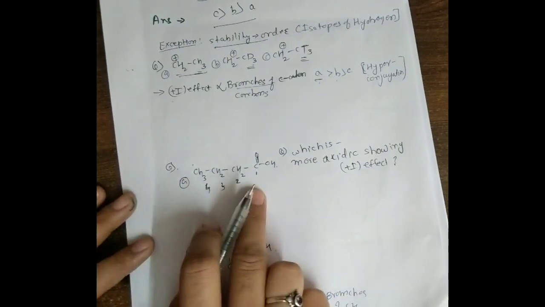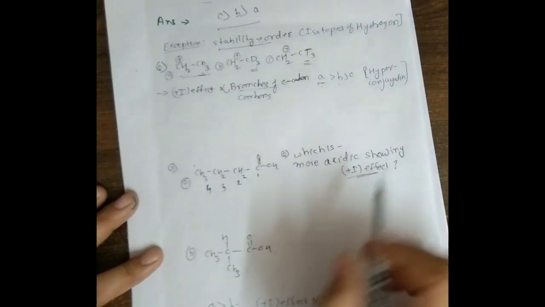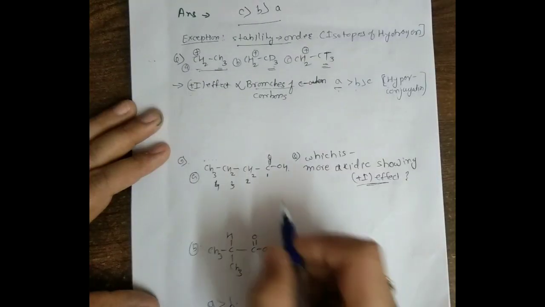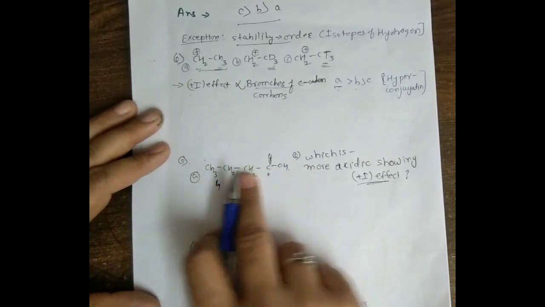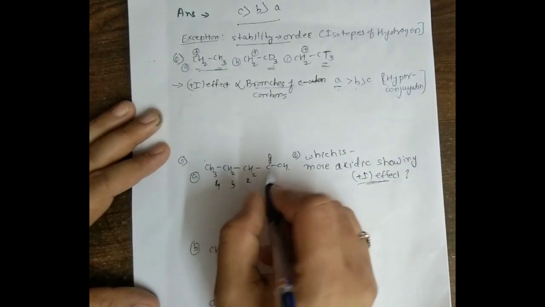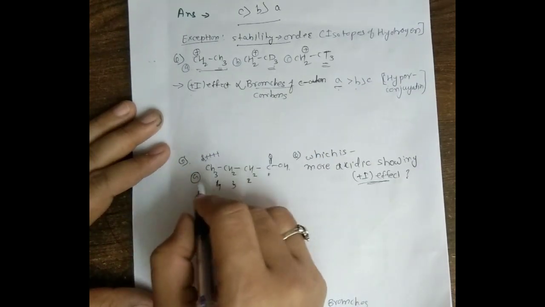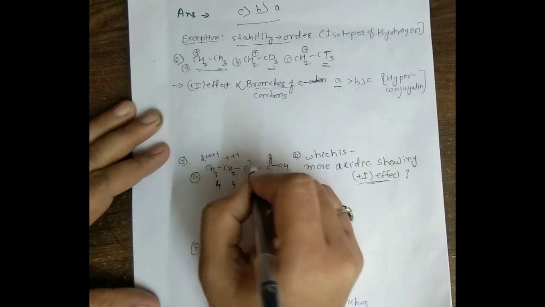Now the next example: which is more acidic, showing plus I effect, meaning which of these two has the greater positive effect. In this case, here are the carbons first, second, third, and fourth. This shows the inductive effect like this: this carbon forms partial 4 positive, this forms 3 positive, and this is 2 positive.